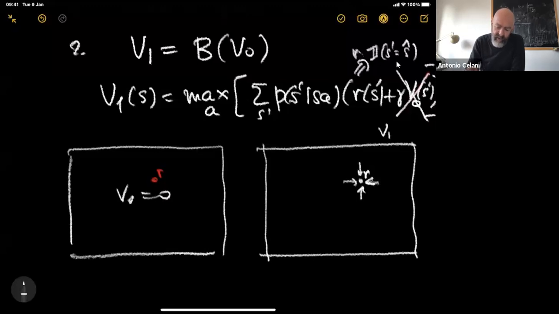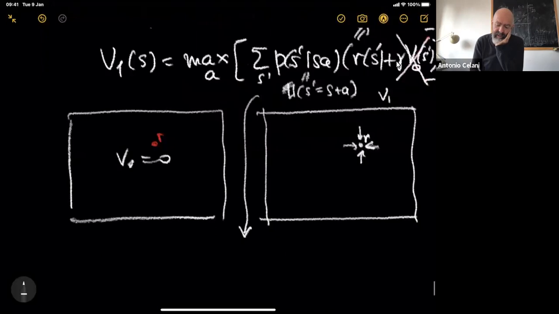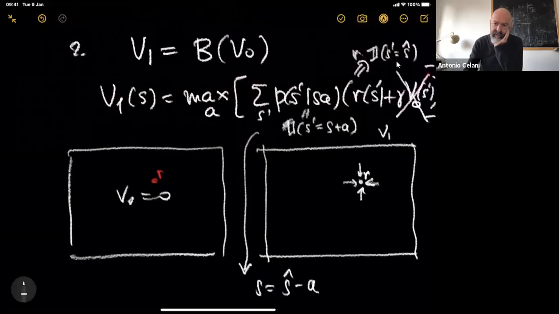And since this object here is delta of S prime equals S plus A, the only possibility of this object not being 0 is if you combine these two expressions. This requires S to be S hat minus A, because there are two delta functions here. So both conditions must be verified in order to have 1 and not 0.